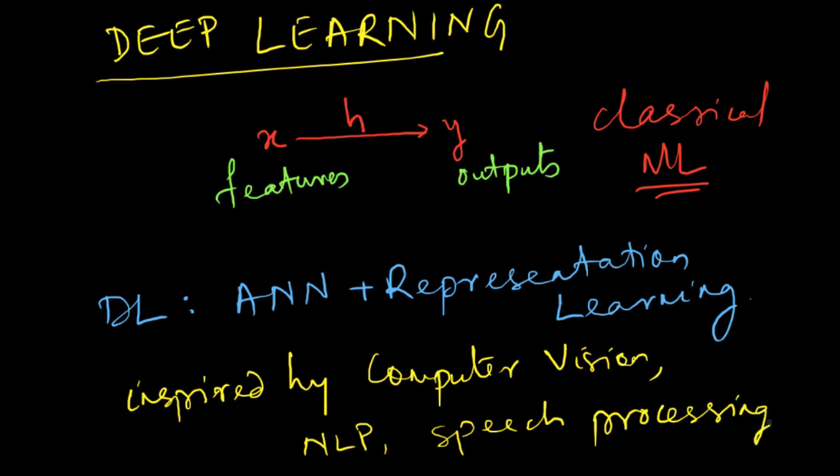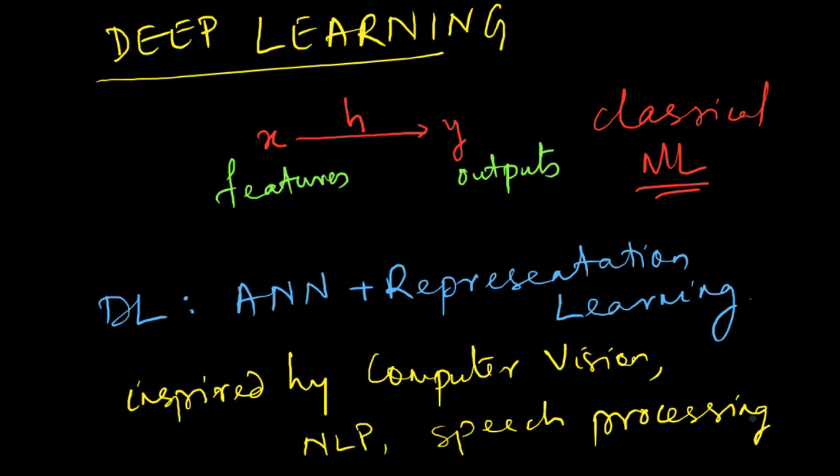There are, of course, other problems where deep learning is applicable, but not everywhere, because there are many, many problems in real life where you exactly know the features that you want to use, and you just want to use machine learning to figure out the functional relationship between the set of features and the set of outputs.